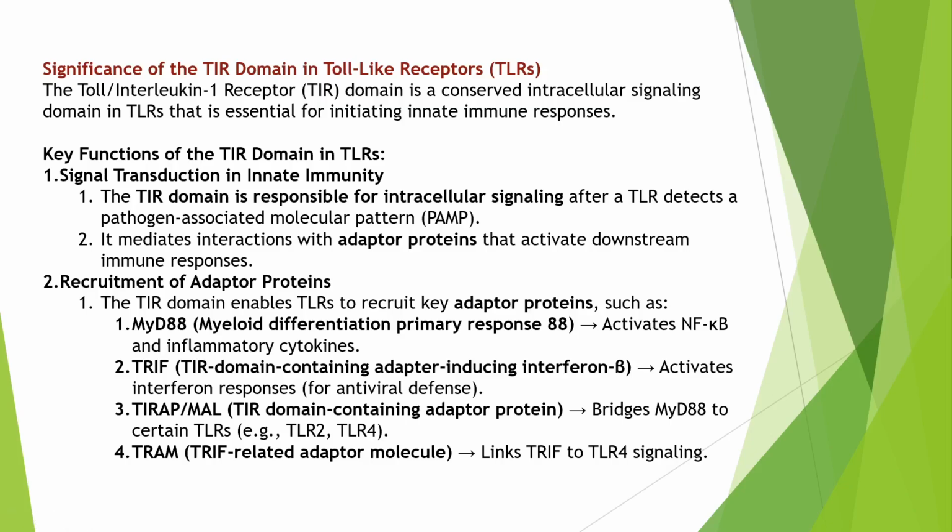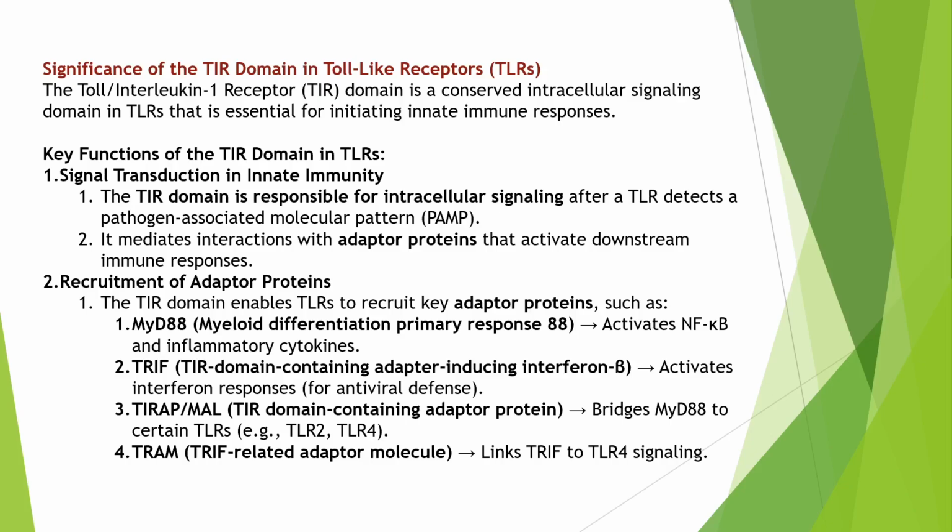Next is the significance of the TIR domain in the toll-like receptors. Toll-like receptors and the interleukin 1 receptor have the TIR domain, which is conserved in the intracellular signaling domains of TLRs. That is essential for initiating the innate immune response.